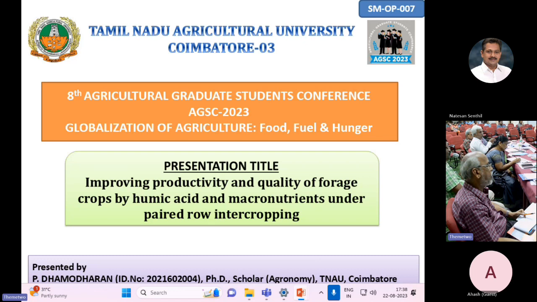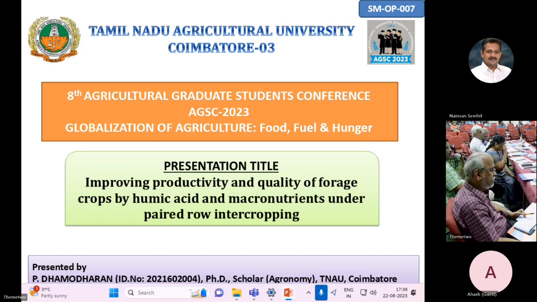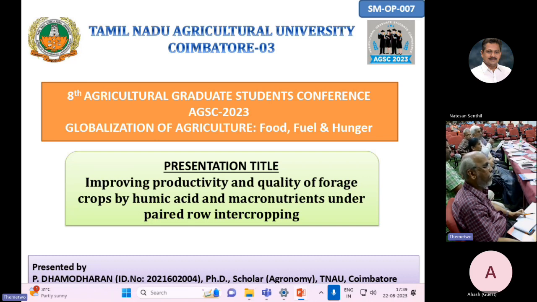I bought it as a commercial product. It contains 5% N, 2% K and 0.04% phosphorus, sir. Then how well can it replace the inorganic fertilizer? Is it replacing the inorganic fertilizer by adding this humic acid?